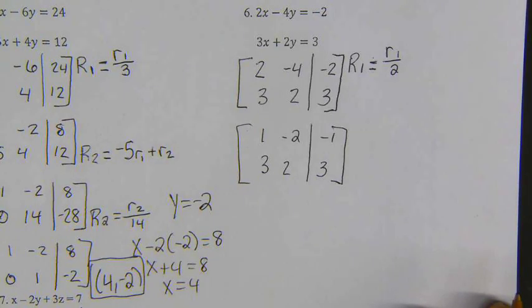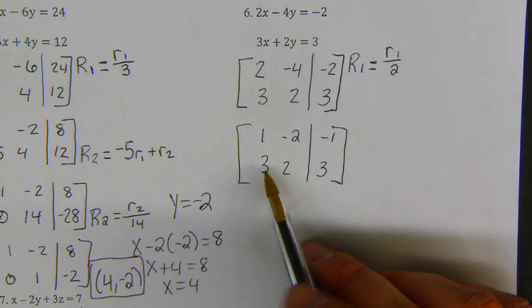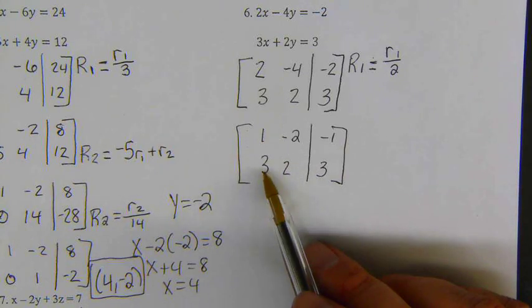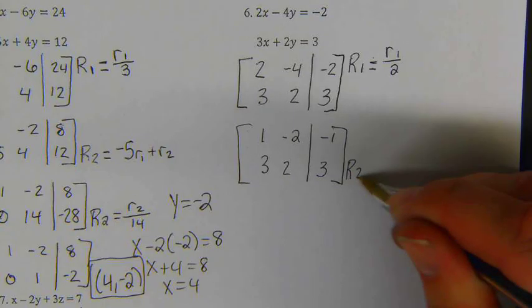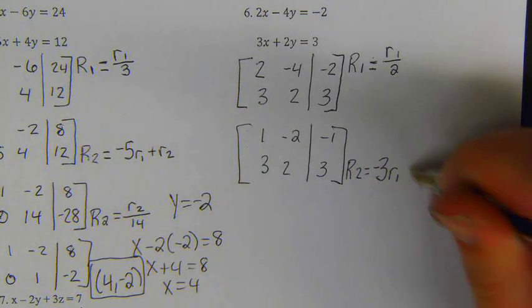Next step is to get a 0 below the 1. So this is a very similar problem. If we multiply this top row by -3, we'll be able to add it to this one and make it a 0. So I want to change row 2 by multiplying -3 by row 1 and adding it to row 2.